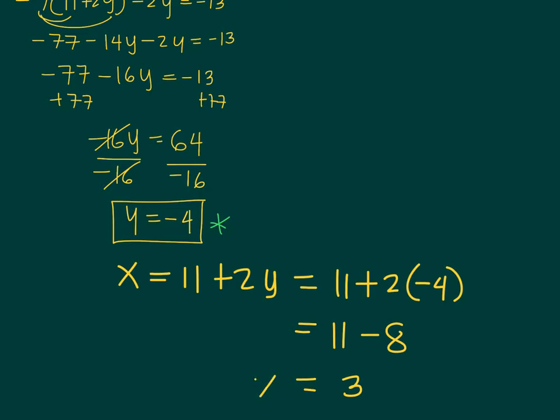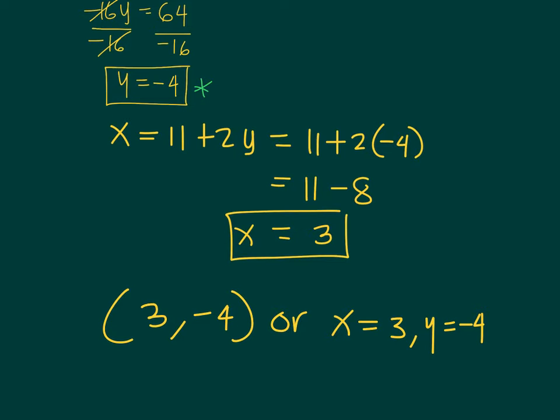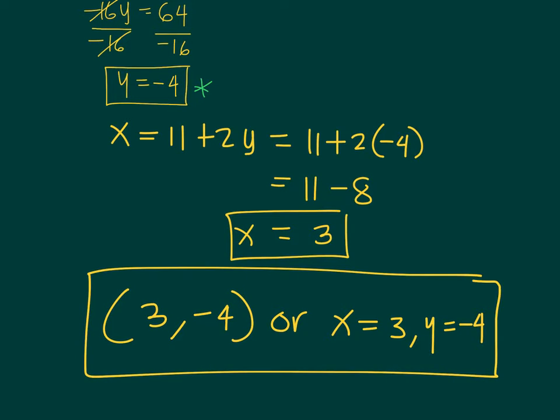So the value of x is equal to 3. Therefore, the solution for this system of equations is x is 3 and y is negative 4, or you could say 3, negative 4. Either way will be accepted. Okay?